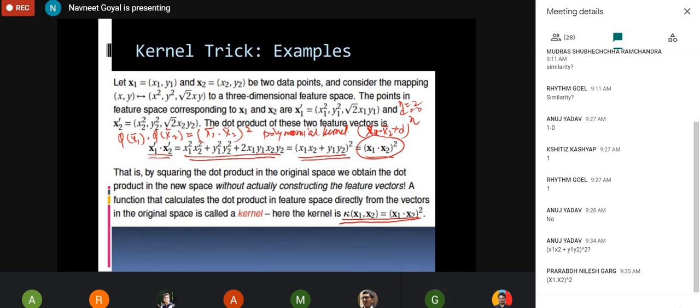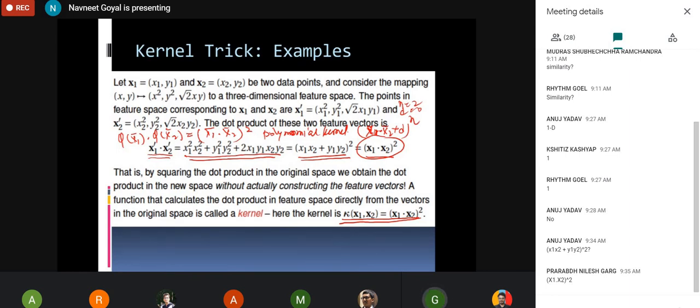But in general, suppose you are given vectors in a low dimensional space, say a two-dimensional space. Now you transform this into a 10-dimensional space for any reason. And now you have to compute the similarity between any two pair of vectors in the new space, that is the 10-dimensional space. I am now telling you that those calculations can be converted into calculations in two-dimensional space. Does that help you or not?